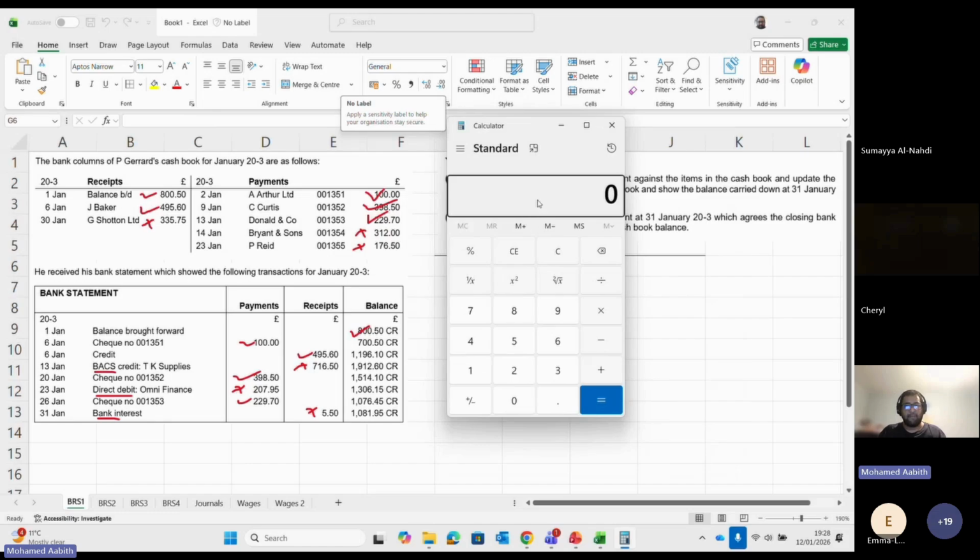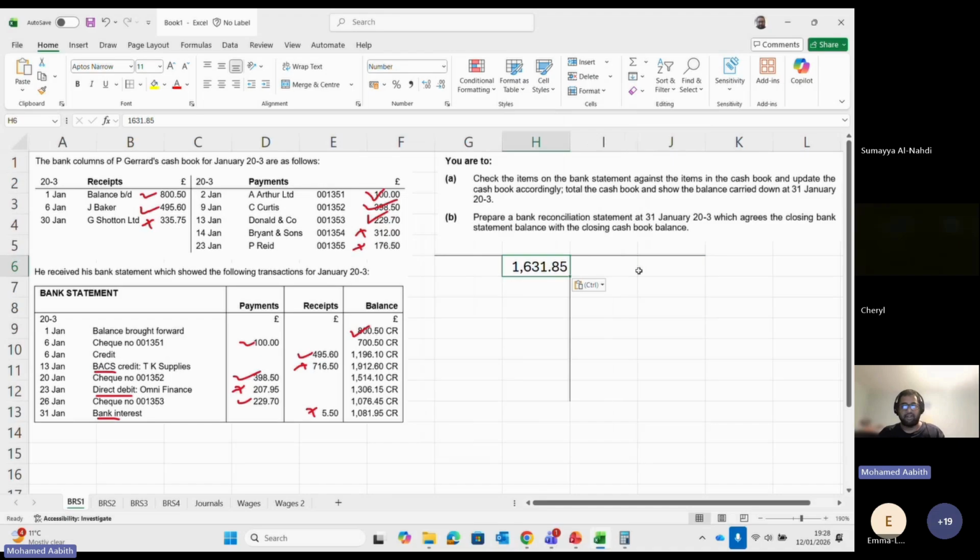So let's work out the debit side of the cash book. 800 plus 50 plus 495.60 plus 335.75. So we have this number here, and we'll put it down on the debit side.